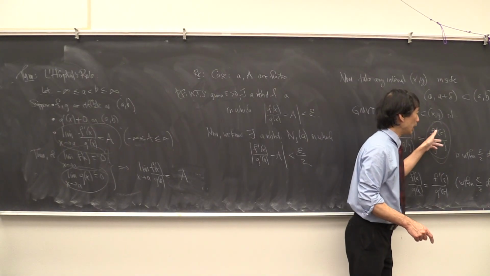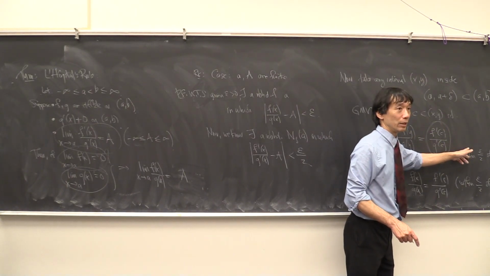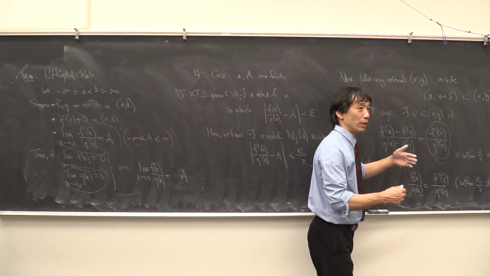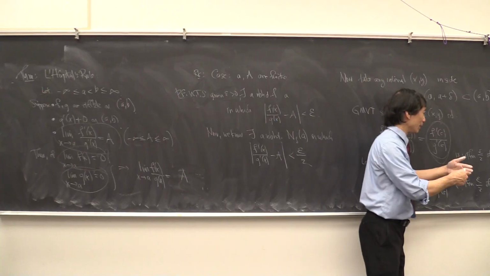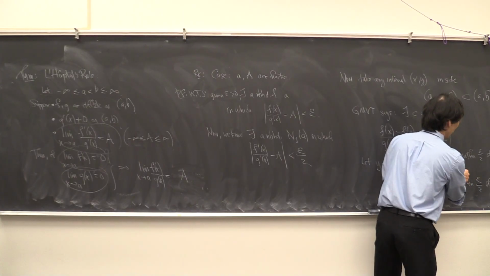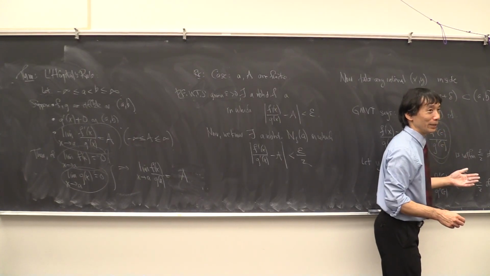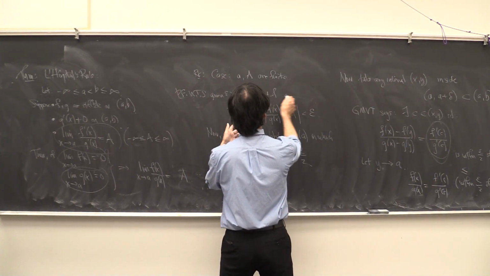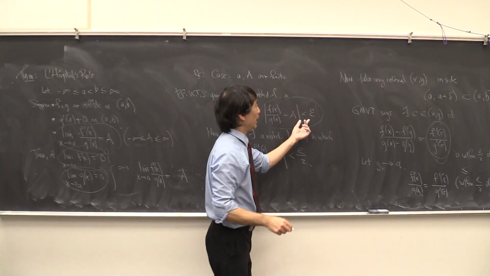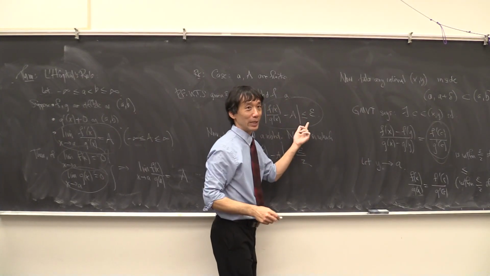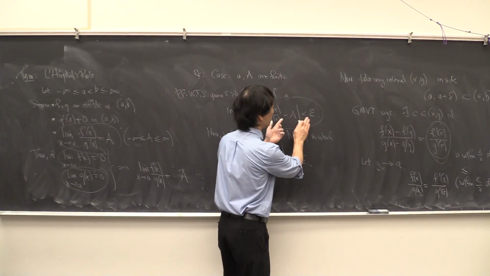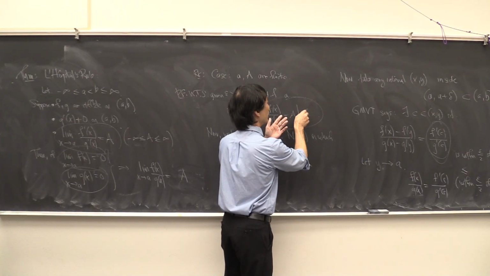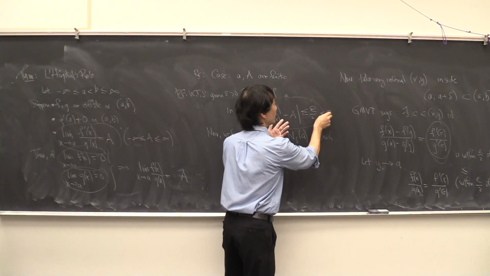So this thing is within epsilon over 2 of A, but when you take the limit, instead of being less than epsilon, it might end up being less than or equal to epsilon. In order for me to say that this is satisfied, I don't want this to happen. So epsilon over 2 is taken so that this is less than or equal to epsilon over 2, which is certainly less than epsilon.